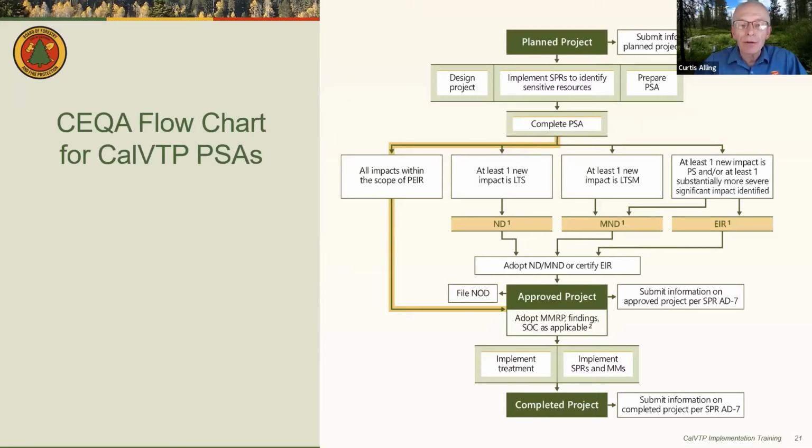That's one of the main areas of saved time: using the PSA or a PSA addendum can go right to project approval with no need for an environmental document for public review.